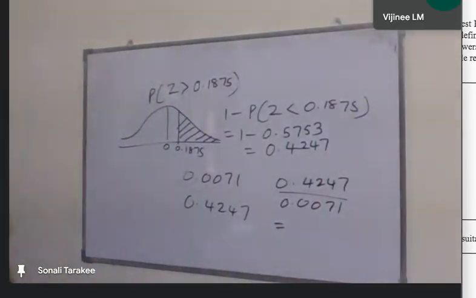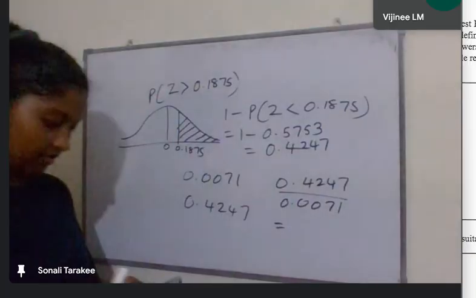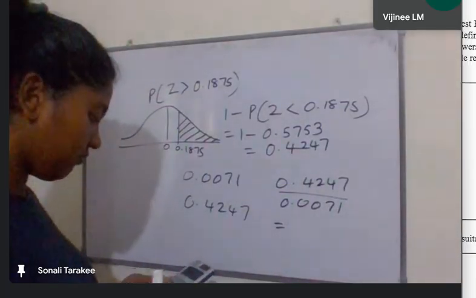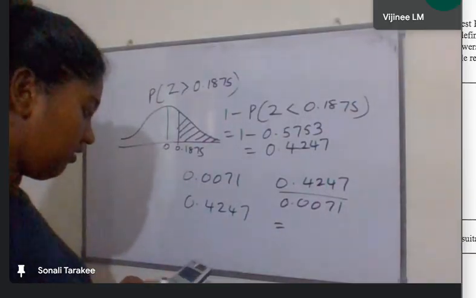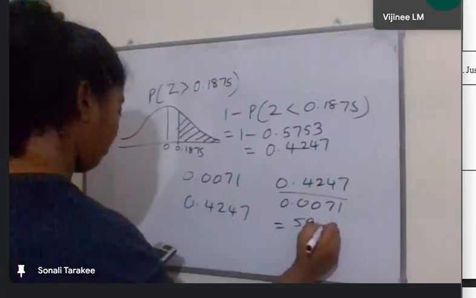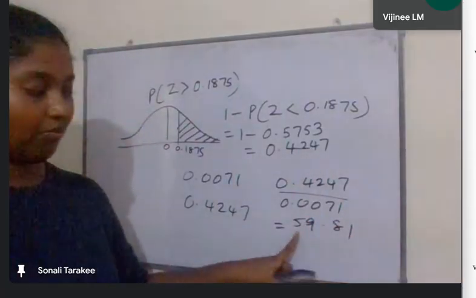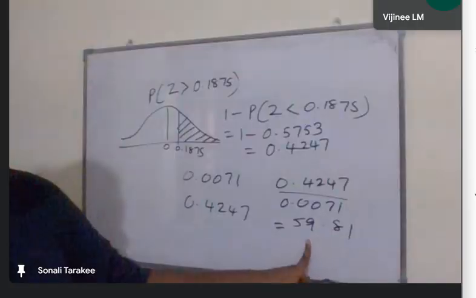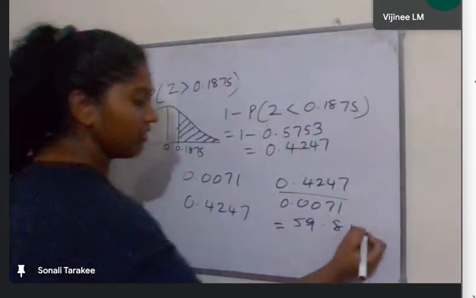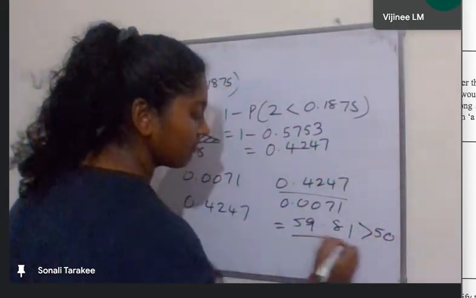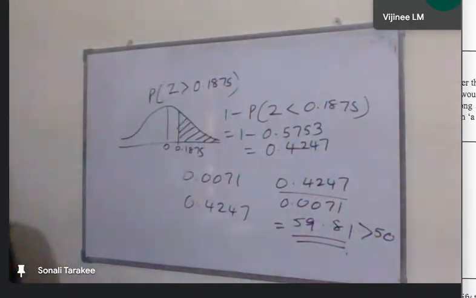If we do this, you get 59.81. More than 50. The factor is increased by more than 50. We can write here more than 50. That's the answer.